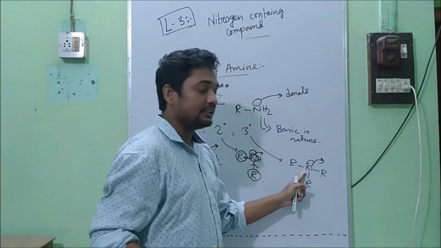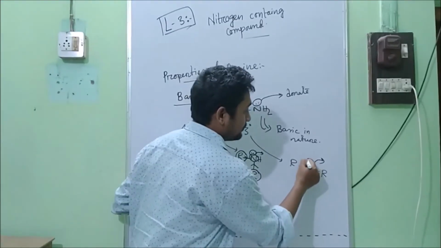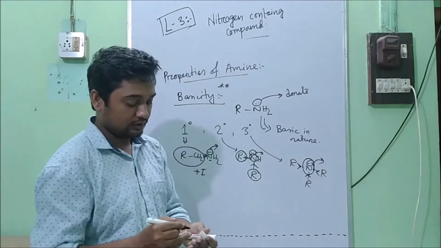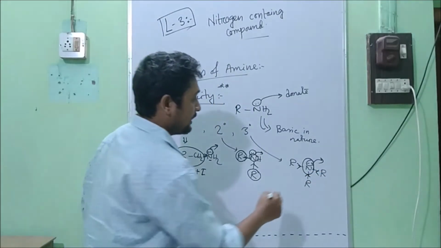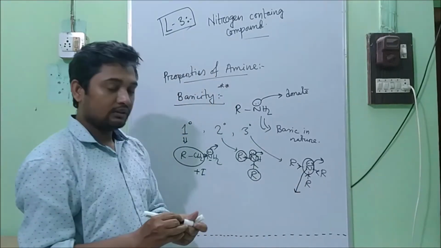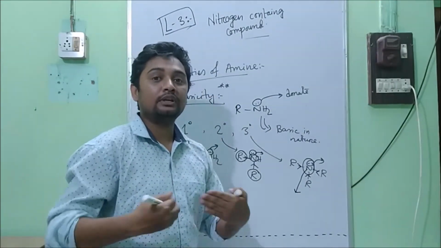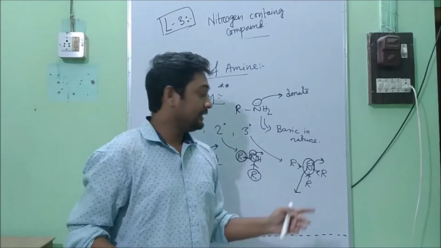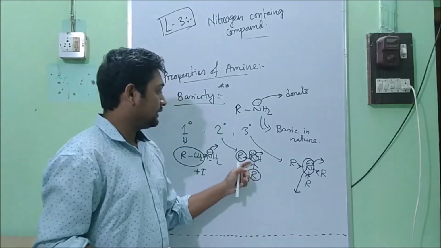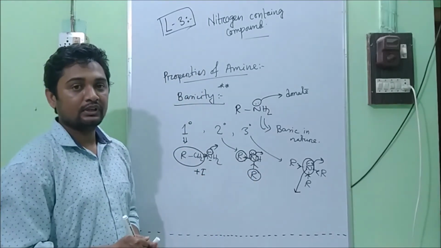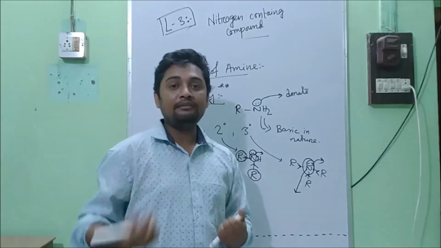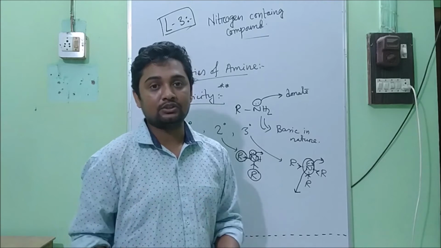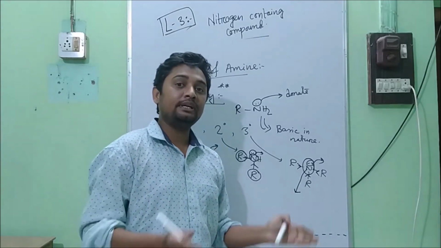And in the case of this nitrogen atom, the electron density will be the most because of the plus I effect from 3 alkyl groups. So it has a greater tendency to donate electrons, and its basicity will be more than the others, because the more available the lone pair is, the more easily they can donate electrons, so basicity will be more.